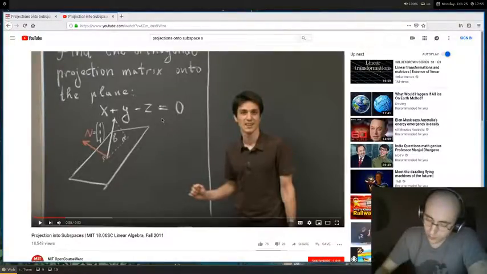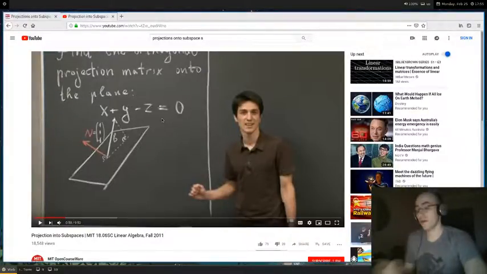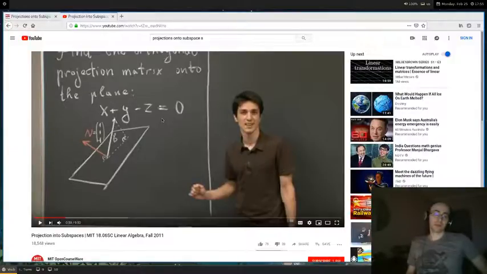So we have a plane which is defined by its normal 1, 1, minus 1. We have some vector b. We want to calculate the projection matrix for this plane, rather on this subspace. So what is the plane?